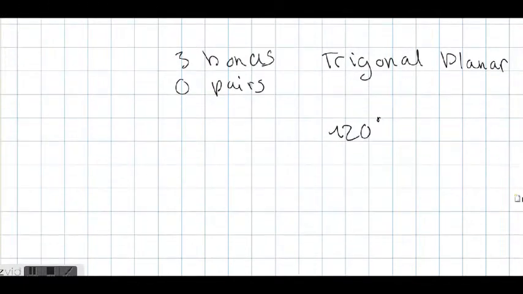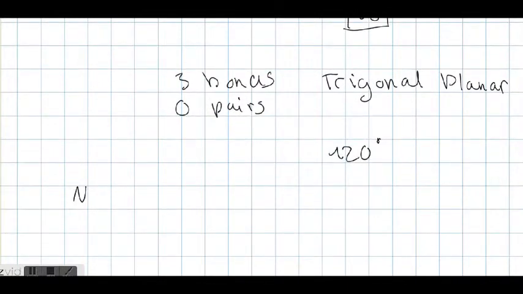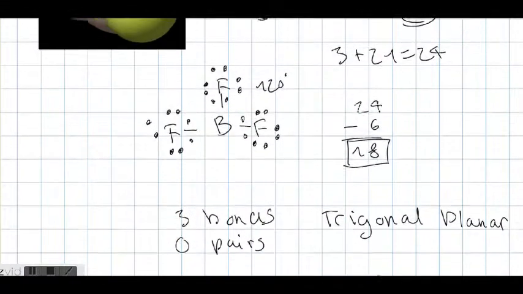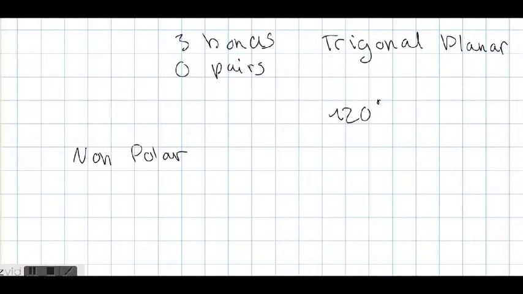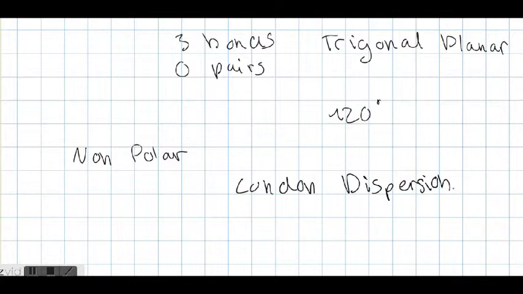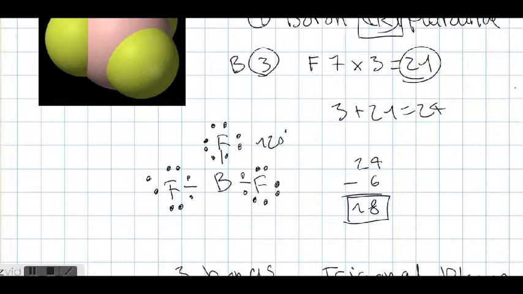Now this also tells us that it's a non-polar compound, since they all cancel each other out and they're all far apart equally. And just like with methane, we now know that it's London dispersion, since at milliseconds these will be positive or negative charged.